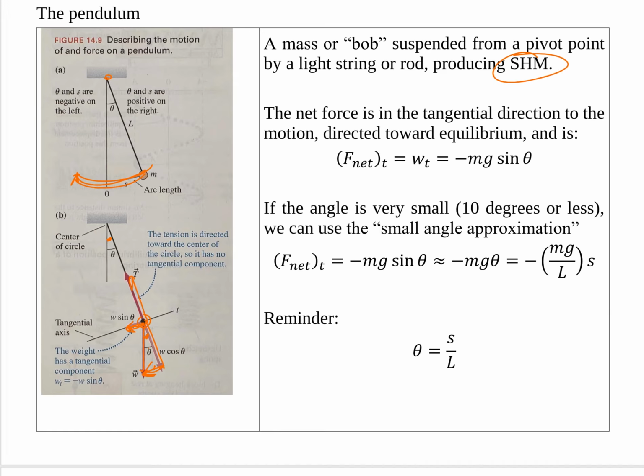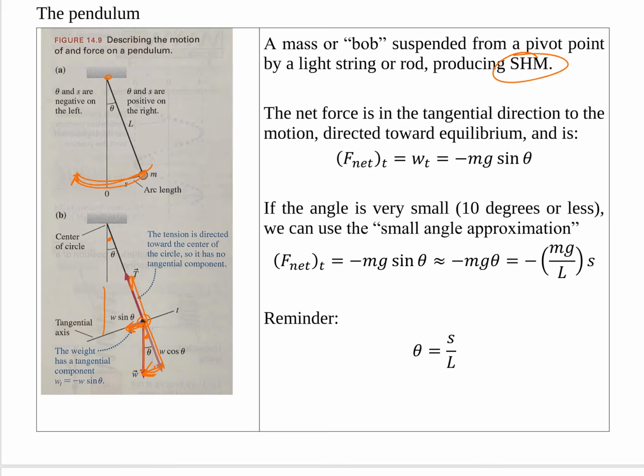Because it's opposite to the position that it's in. If it's on the right-hand side of its equilibrium position, then the force will be negative. If it's on the left-hand side, then it is negative negative, which makes positive. So that's why the negative sign is there. It's the opposite of the direction that it's currently in.